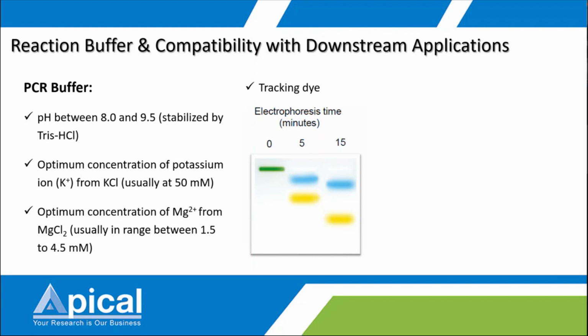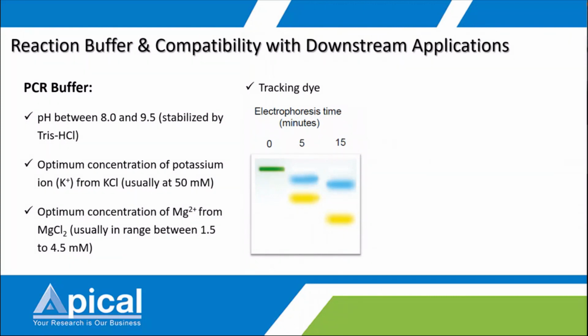Okay, and the polymerase also needs the presence of magnesium ion in order to promote its activity. Usually the concentration of magnesium ion should be around 1.5 to 4.5 millimolar in a PCR buffer, depending on the type of polymerase.